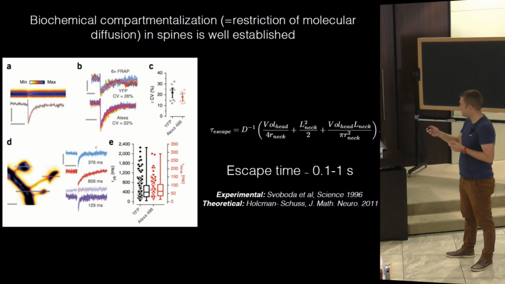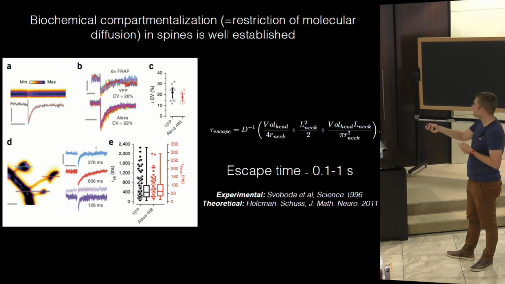Here is a FRAP experiment where you look at the diffusion from dendrite to spine or spine to dendrite, with recovery times of the order of hundreds of milliseconds. Depending on the shape of the spine, long neck spines lead to a much longer recovery time compared to shorter spines.